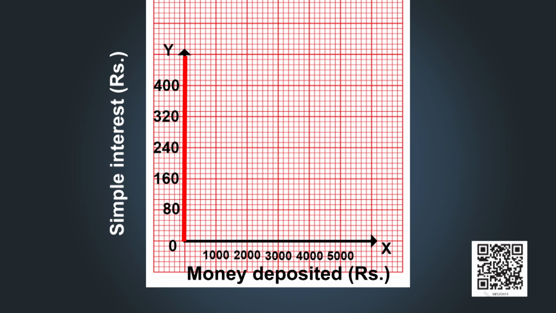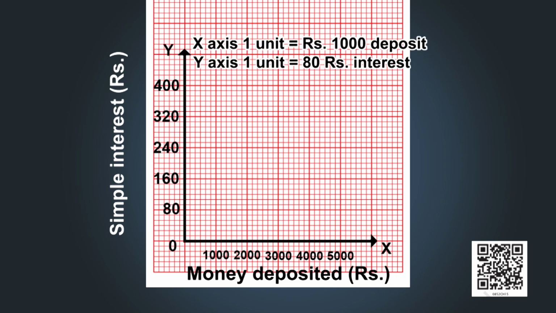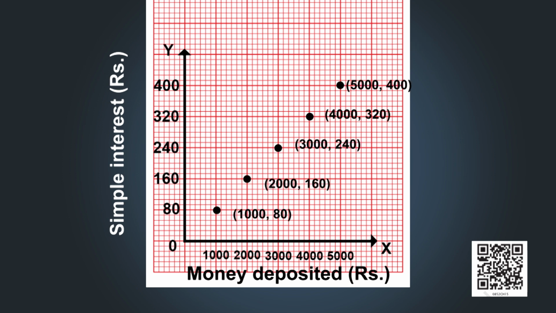Take the scale as 1 unit equal to 1000 rupees of deposit on x-axis and 1 unit equal to 80 rupees of interest on y-axis. Plot the points (1000, 80), (2000, 160), (3000, 240), (4000, 320), (5000, 400). Join all the 5 points to get a linear graph.